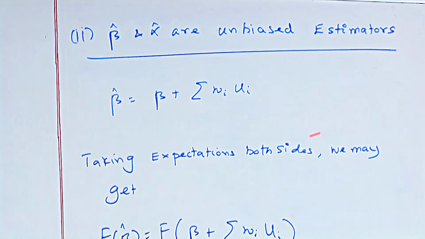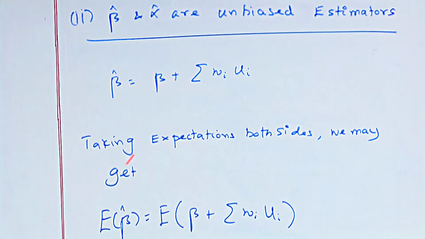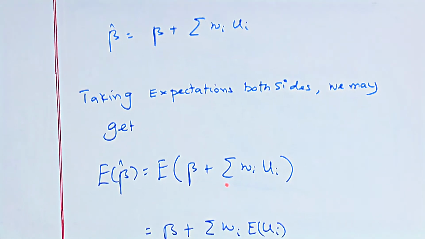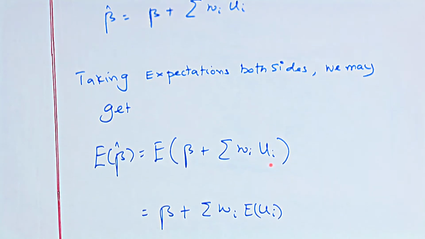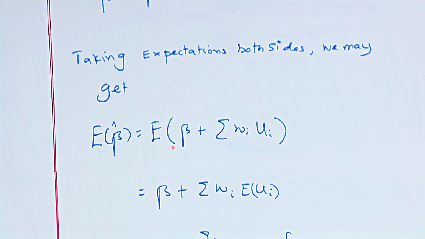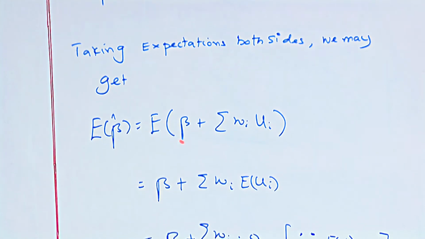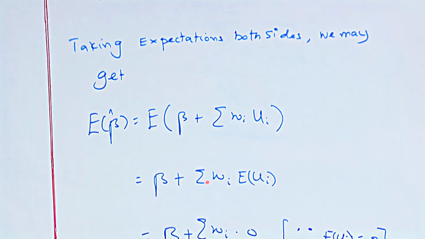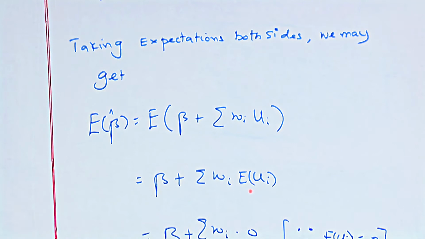Taking expectations on both sides, we get expectation of beta hat is equal to expectation of beta plus sigma wi ui. Because beta is a scalar value, taking the expectations inside, we get beta plus sigma wi expectation of ui.